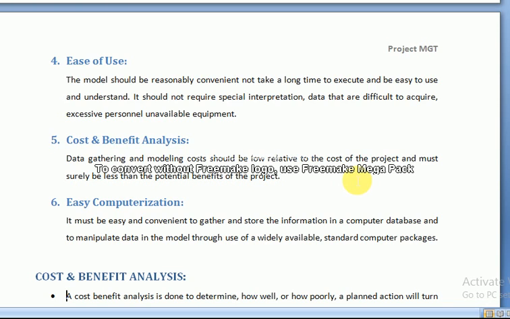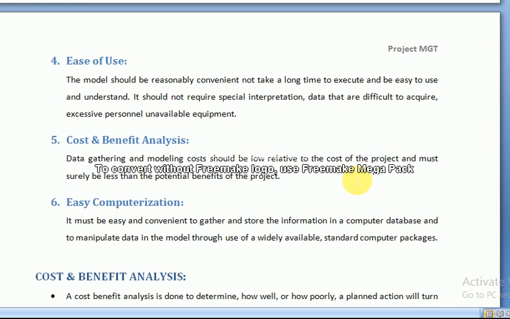The model should be reasonably convenient, not take a long time to execute, and be easy to use and understand. It should not require special interpretations, data that are difficult to acquire, excessive personnel, or unavailable equipment. Clear?